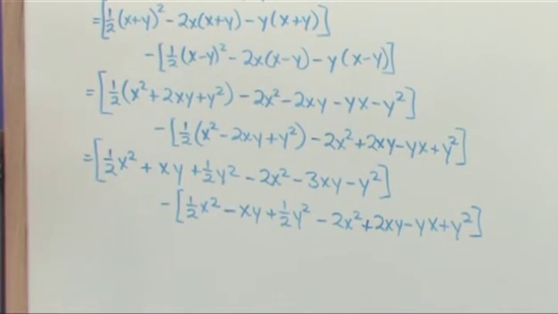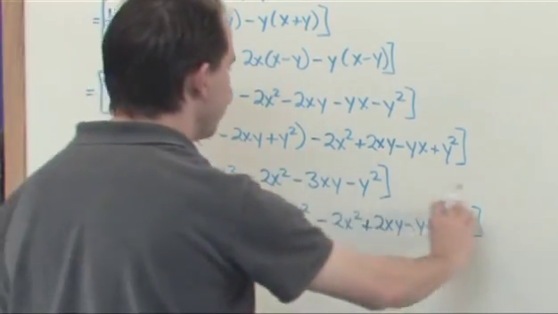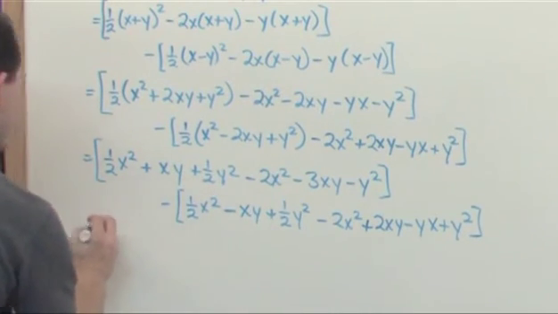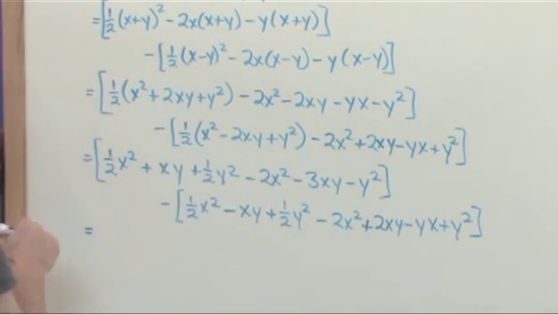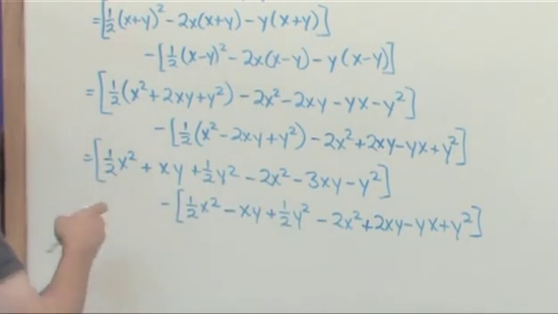So we're almost there. We've got this giant long thing, and then this negative and this giant long thing here. And so we need to continue simplifying this here, and then we'll make our life a little bit easier, okay? So what we're going to do is work on the top just to continue simplifying terms. So what we have is 1/2 x squared, and we have negative 2x squared.